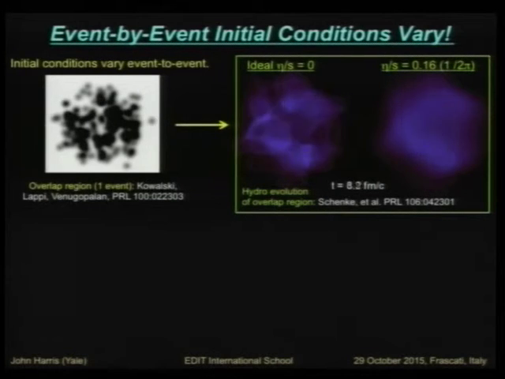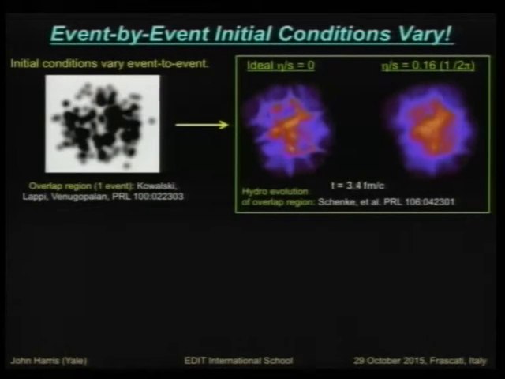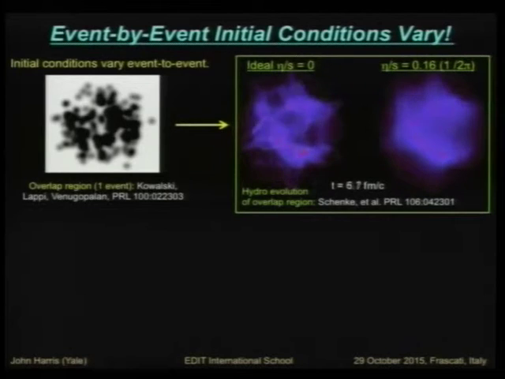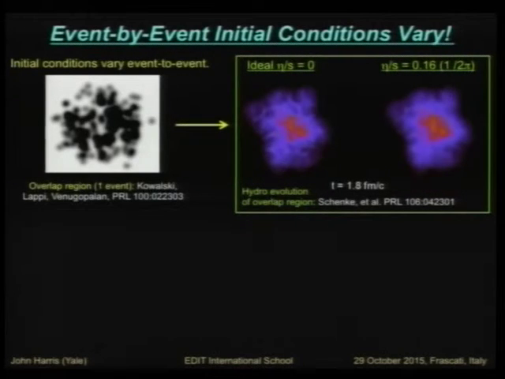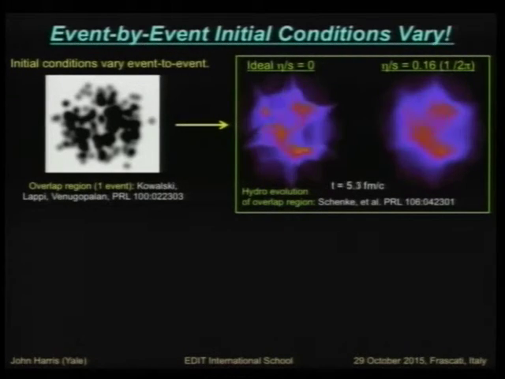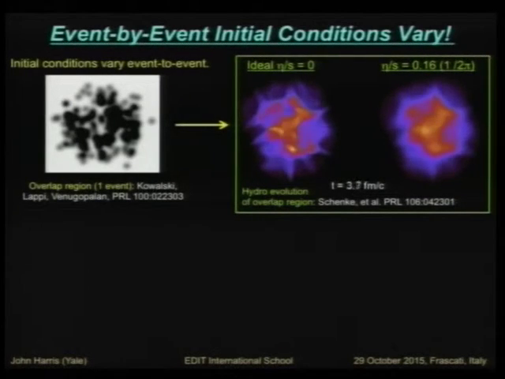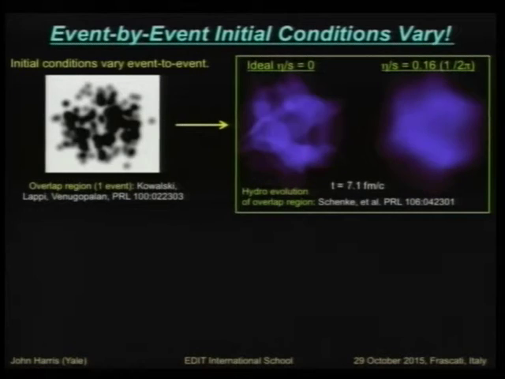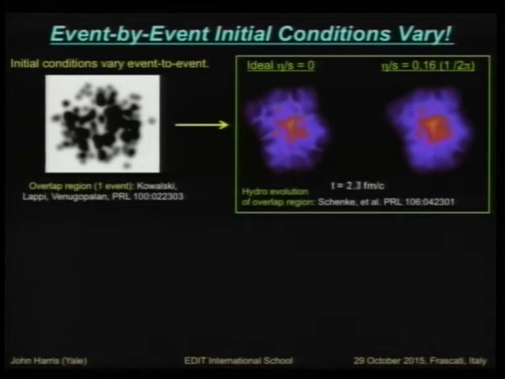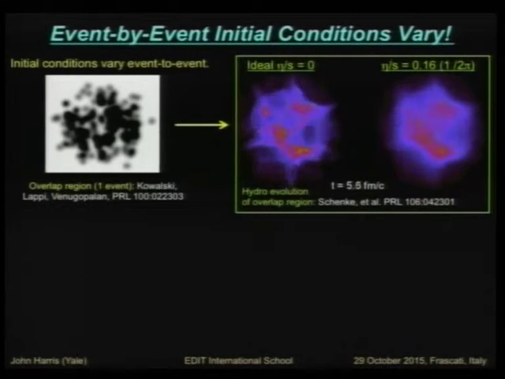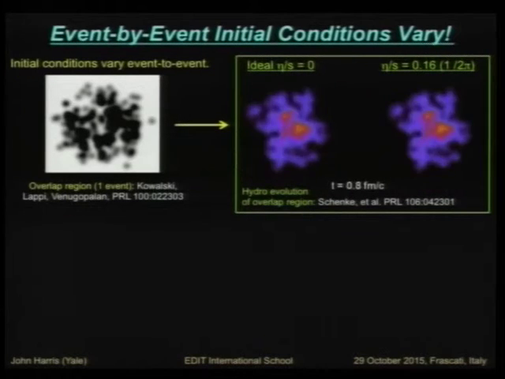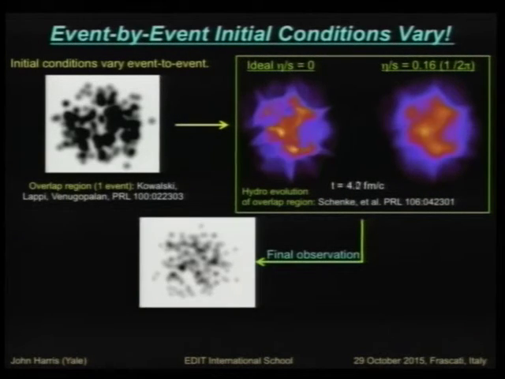If you look at the evolution, you can see that this initial distribution, you get better resolution if you don't have a shear viscosity. Just looking at this, you see that you have higher harmonics. This looks a little bit more smeared out. That's what we're looking at.